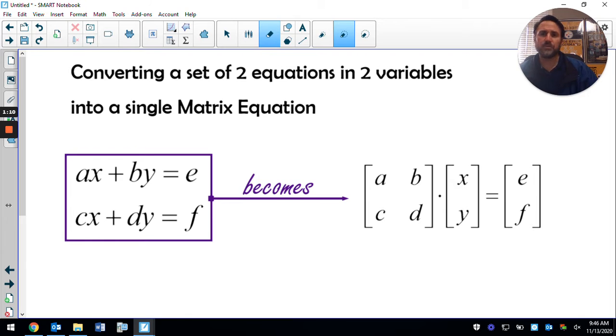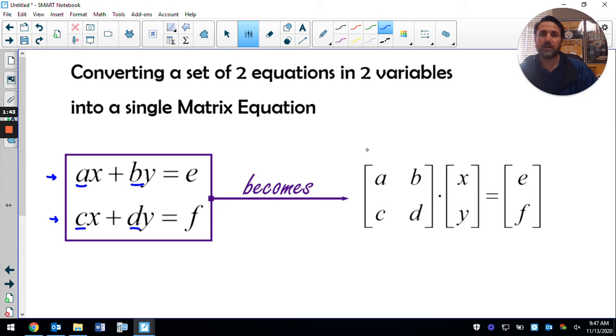So if you do have 2 different equations with the same 2 variables, like these linear equations, then we can convert this to a single matrix equation, by taking the coefficients, A, B, C, and D, and creating our 2 by 2 matrix. The next matrix with the variables are just x and y, okay? And then the last one over here equal is the numbers, the constants, E and F, okay?